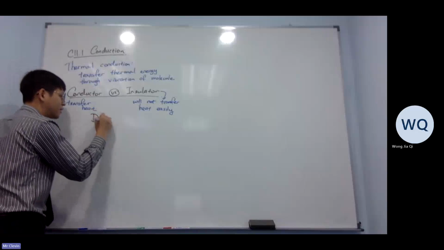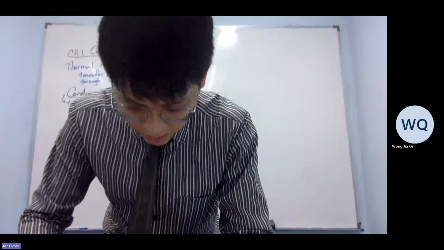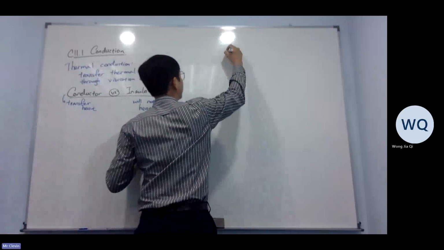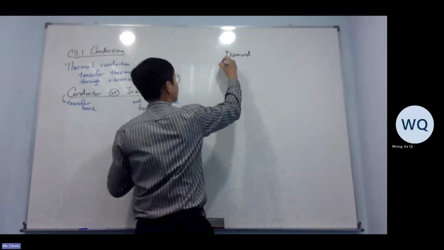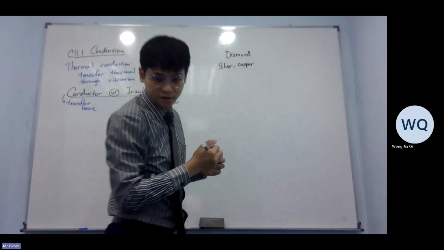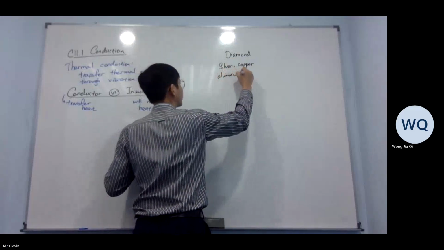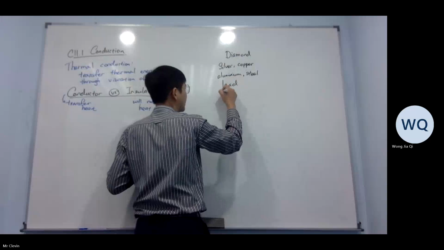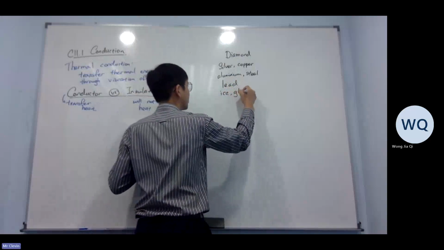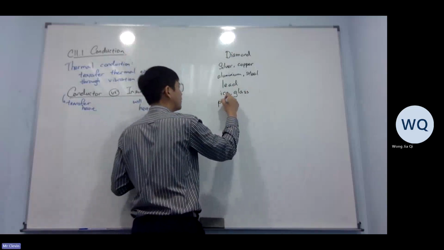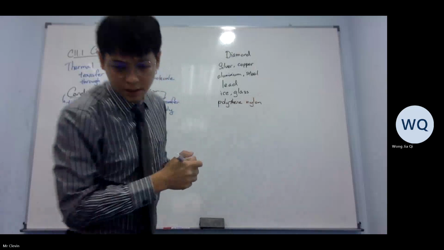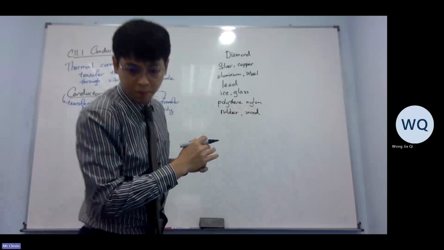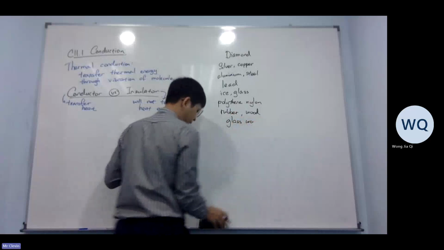You will see things like diamond, followed by silver, copper, and then aluminium, steel, then lead, ice or glass, and then polyethylene, nylon, then rubber or wood, and then polystyrene, and the last one is glass wool.